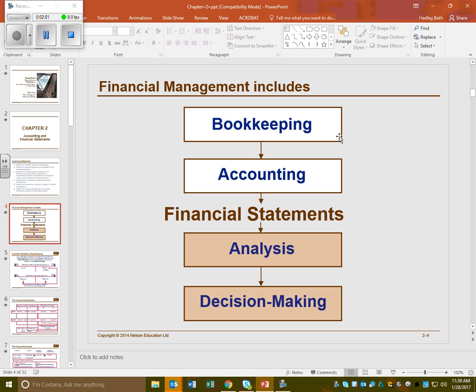That's when the financial statements would be printed off either by the accountant or the bookkeeper, and a complete analysis would be done of these financial statements. This is definitely part of the accounting role in an organization. And then also these financial statements are used for the actual decision making within an organization as well.